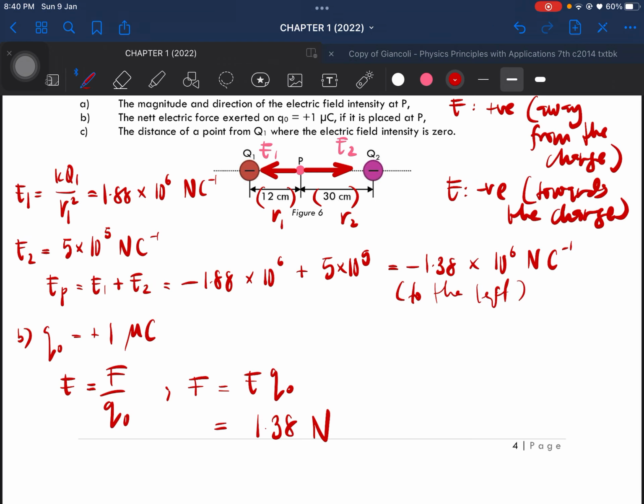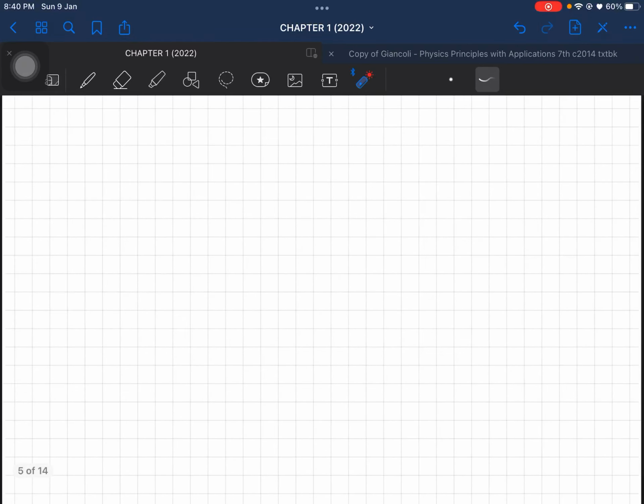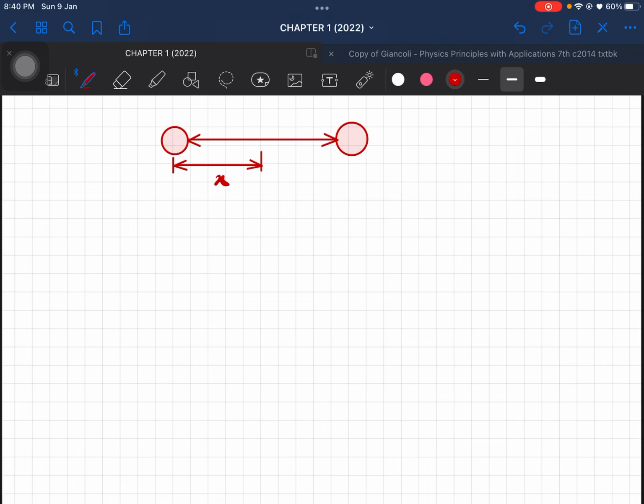And then question C: the distance of a point from Q1, from charge 1, where the electric field is 0. So there is a point where the electric field is 0, and we have to find that point, and that point is from Q1, from charge 1, so we can label that distance as X. So this is charge 1, and then there is a point, I'll label it as point A. Based on the question just now, this should be equal to 12 plus 30.